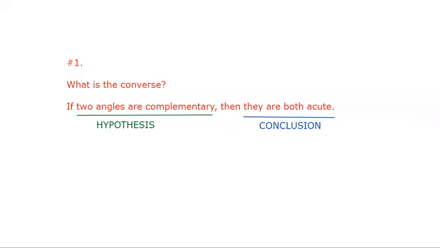Now they're asking us specifically for the converse. Well, you simply switch the conditional around to get your converse. So the converse of this would be if two angles are acute, then they are complementary.